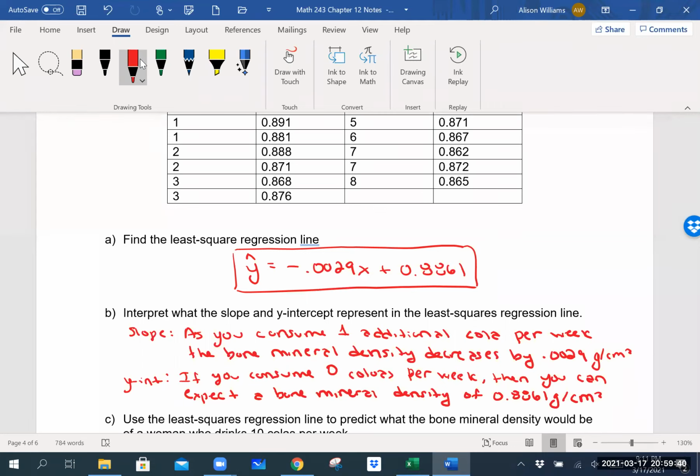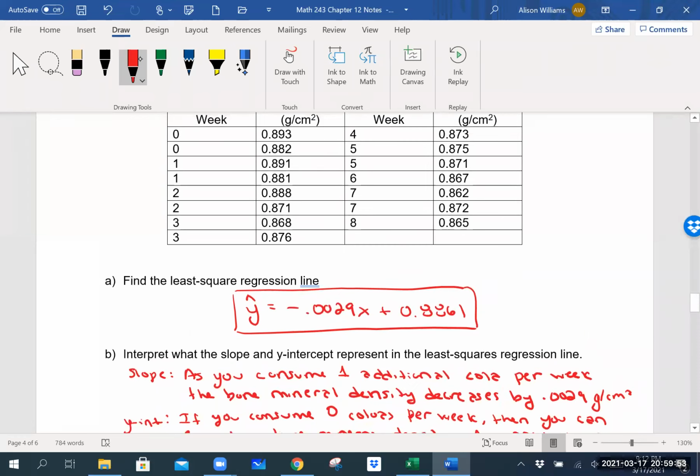And you may want to even say on average a bone mineral density of 0.8861 grams per centimeter squared. And it could be higher than that, but that's just based on this data that they gave us and based on the colas consumed. So the two people with 0 were a little bit higher. Well, there was actually kind of between those two values. So yeah, it kind of took a little bit of an average between those values.